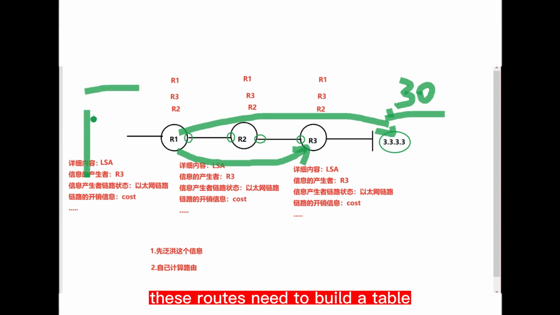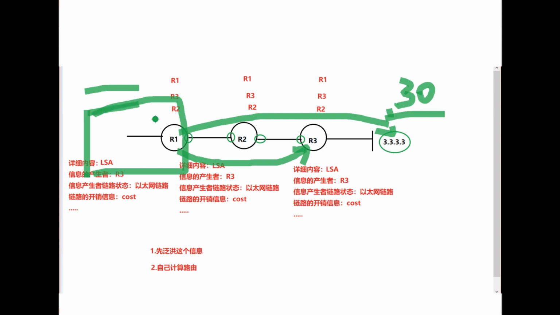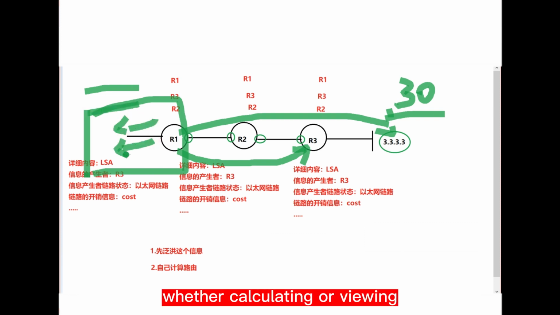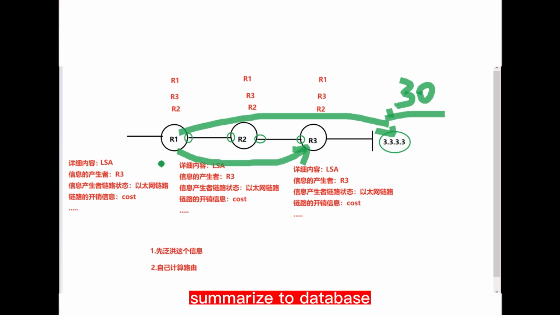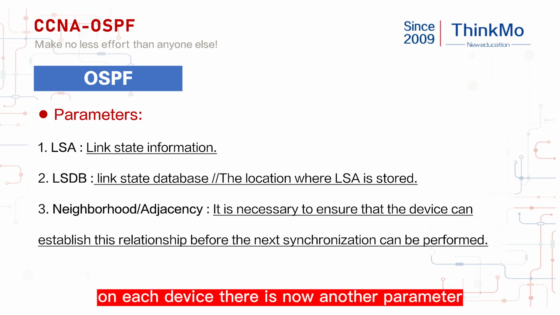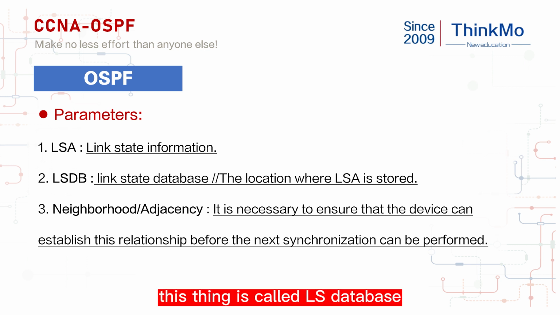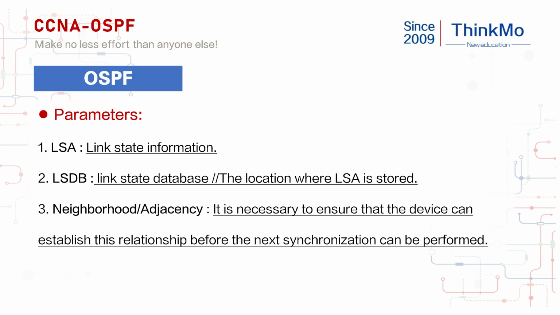These routes need to build a table for the convenience of viewing on your own device. Whether calculating or viewing, you must summarize it into a database. That is, on each device there is another parameter, which is also critical. This thing is called the LS database, which we call LSDB.